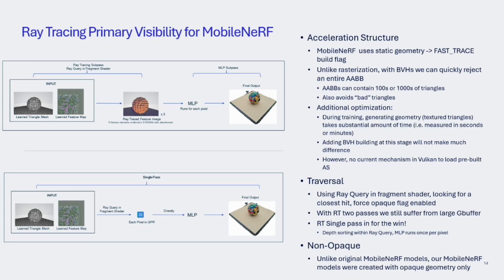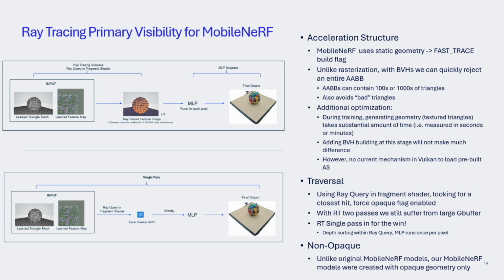One additional thing that we thought about, but have not really implemented, maybe a call to action, is that training, when we create these meshes, is not a real-time process. That takes seconds, minutes, depending on what kind of scene you're doing.